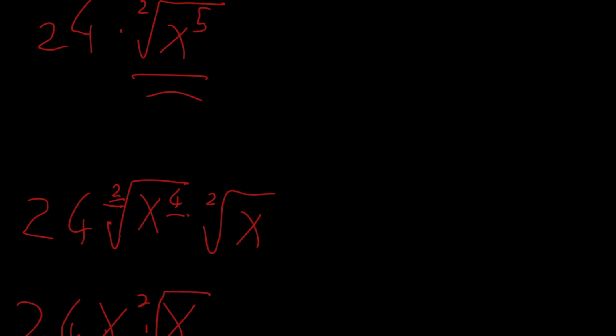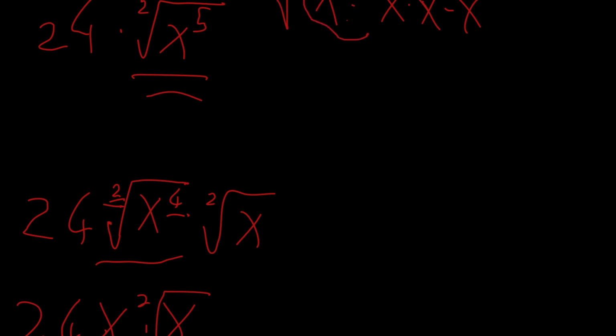And now I can explain why we can convert the square root of x to the 4th to x squared. If you write this out, x to the 4th is x times x times x times x, all under the radical with a little index 2.